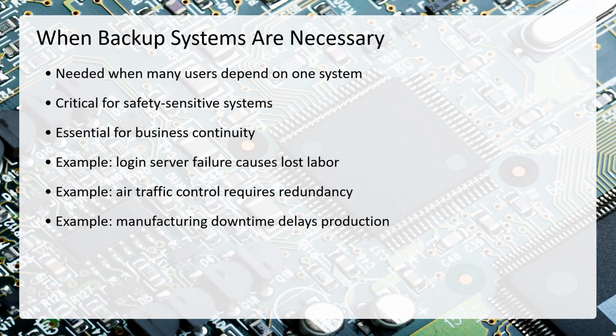But even so, as you see in the slide, if manufacturing downtime delays production, there are downstream costs of that. The distributor is unhappy, the retailer is unhappy, the customer is unhappy.